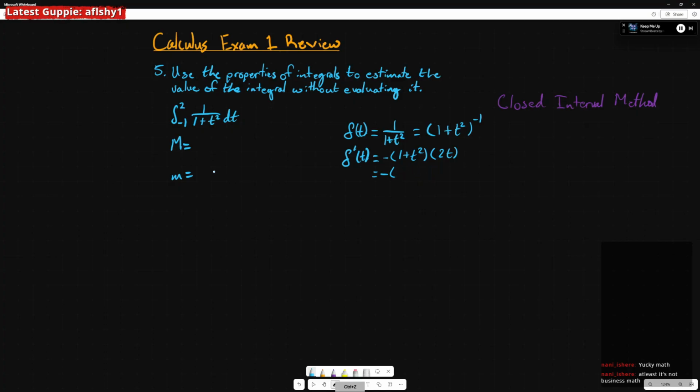Oh no, that's not right. Because it's negative that squared times 2t, which is then equal to just negative 2t over 1 plus t squared squared.